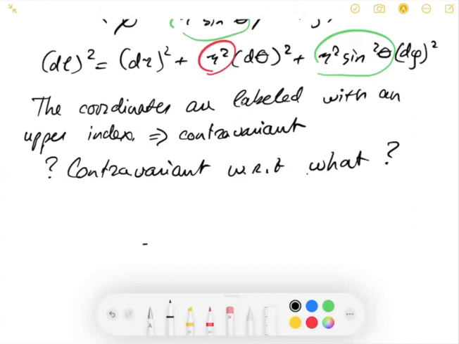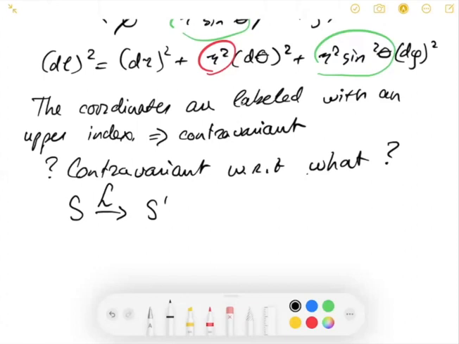So when we were talking about Lorentz transforms, we had some kind of a Lorentz transform that would take you from some system to a prime system. So now we're not doing Lorentz transforms. We're just doing general coordinate transforms.